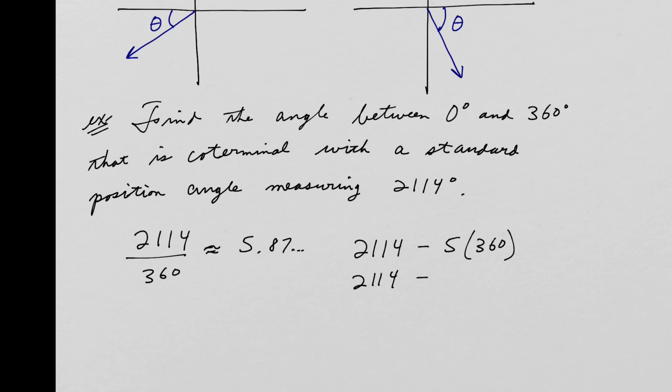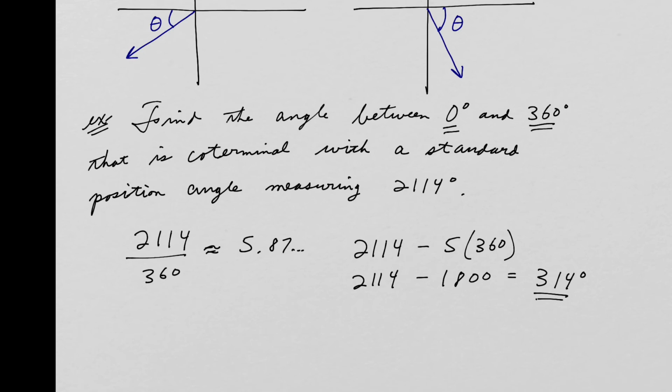I guess it's 1800. If you do that, you're going to get 314 degrees. And that is a coterminal angle, because remember, we want an angle between 0 and 360. So 314 would be the answer.